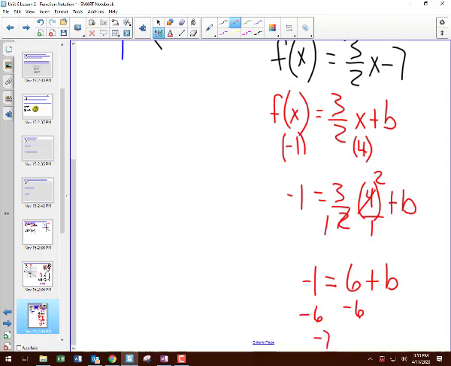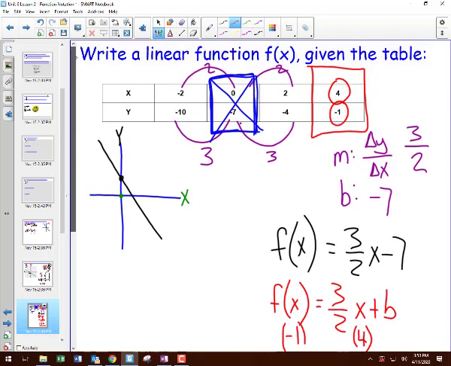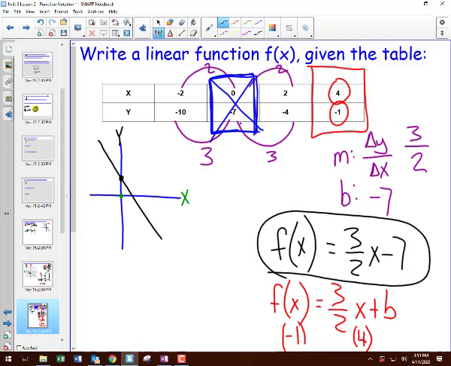It's going to be negative 7 equals b. Or in other words, b equals negative 7. Okay, and so it comes out to the same thing, if you recall, as what we had right here. So that's what you do if you're not given this nice, neat 0 in the x and a clear-cut y-intercept.